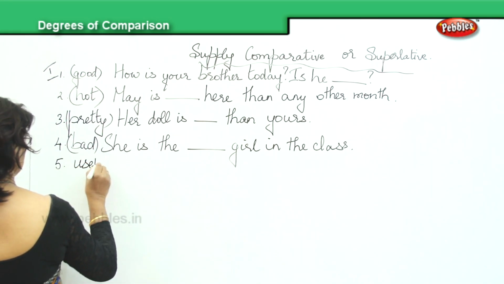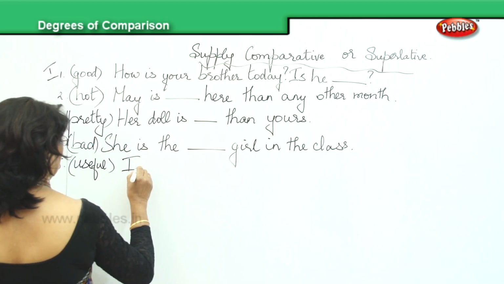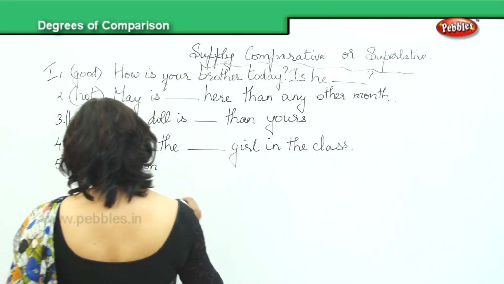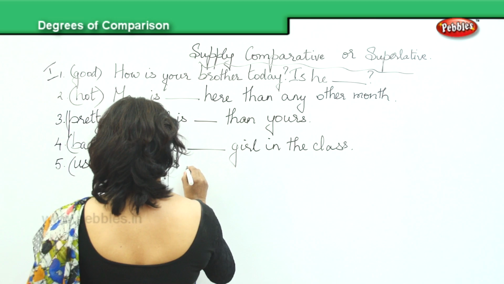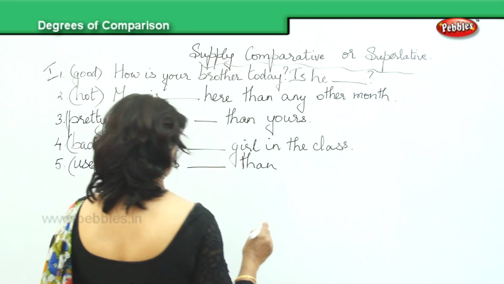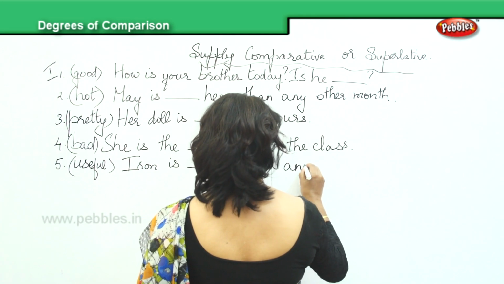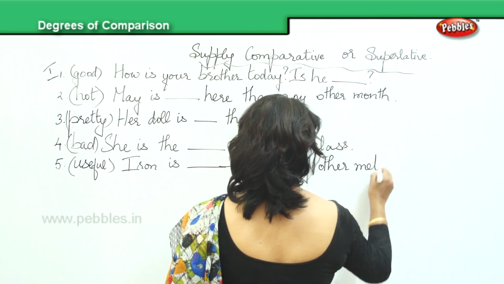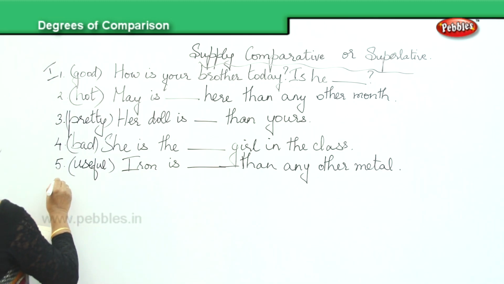Useful. Iron is dash than any other metal.